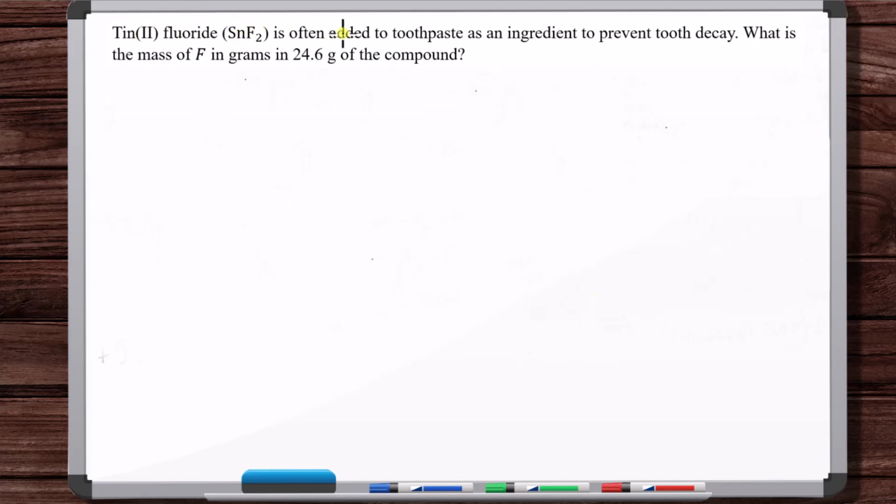Tin-2 fluoride is often added to toothpaste as an ingredient to prevent tooth decay. What is the mass of F in grams in 24.6 grams of the compound? Okay, so we've got 24.6 grams of the compound.